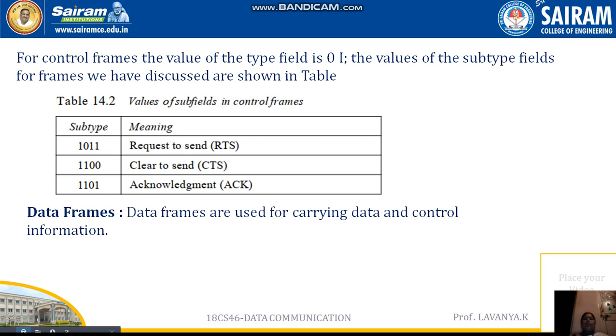Data frames are used for carrying the data and control information. All this information is going to be contained in our MAC sublayer. This MAC sublayer is one of our IEEE 802 specification standards.